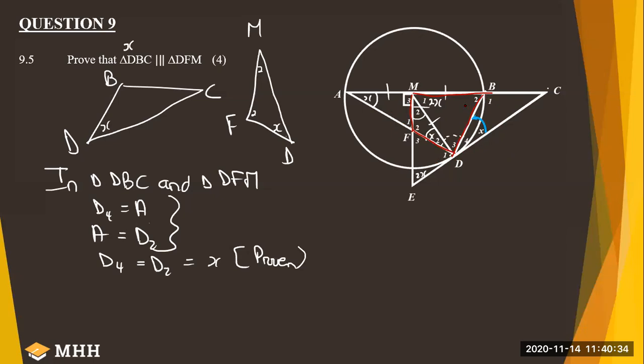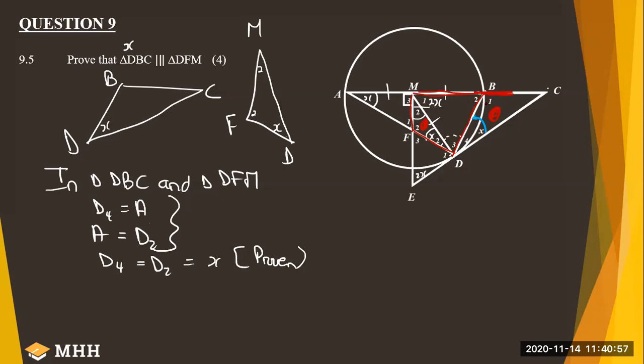Okay, and we are now working in this triangle, and we are working in this triangle. Very often you will be working with the stuff that you just worked out previously. So what can we see here? B1.